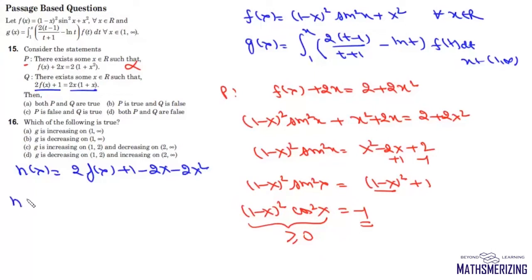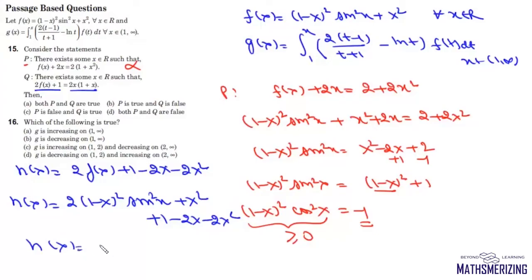So we'll write this as h(x) equals 2, and then what is f(x)? f(x) is (1 − x)² sin²x + x², and then 1 − 2x − 2x². So this h(x) function will be 2(1 − x)² sin²x, and then plus 1 − 2x − x².